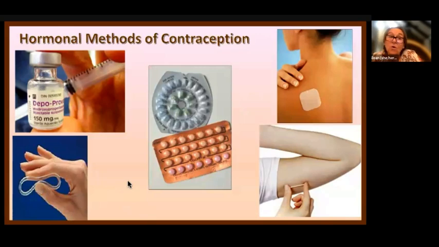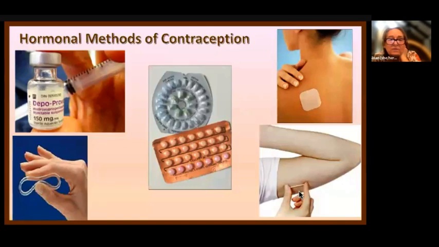There's also hormones, Depo-Provera, which is a shot that is given that lasts a few months. We have our birth control pills that are taken every day. We have the patch, which again you put on, and it is worn usually on the buttocks or the shoulder, and it releases hormones on a regular basis. You wear it for a longer period of time than taking pills every day.